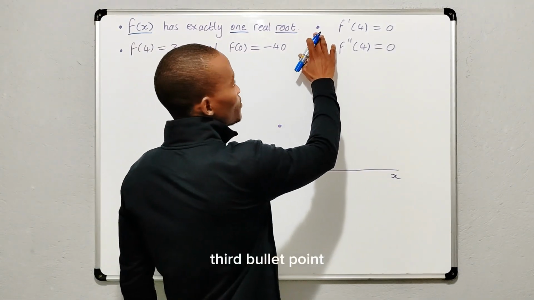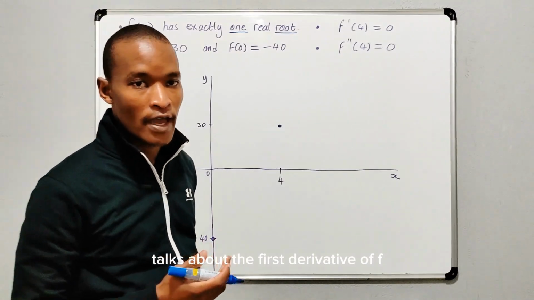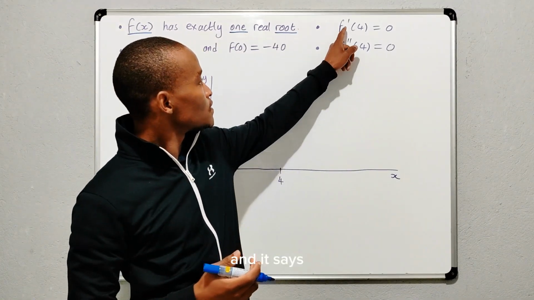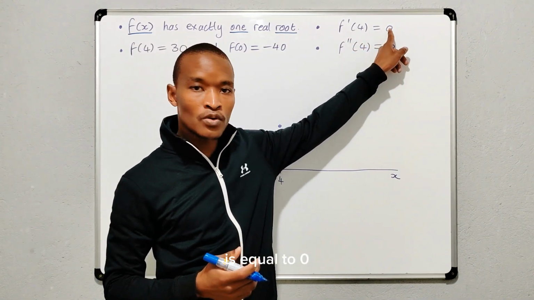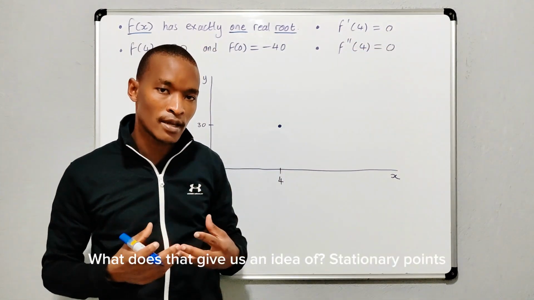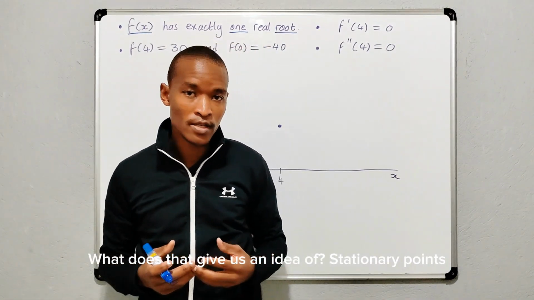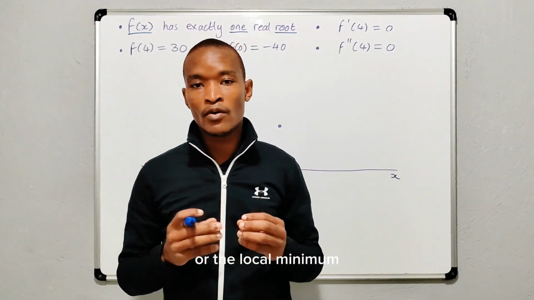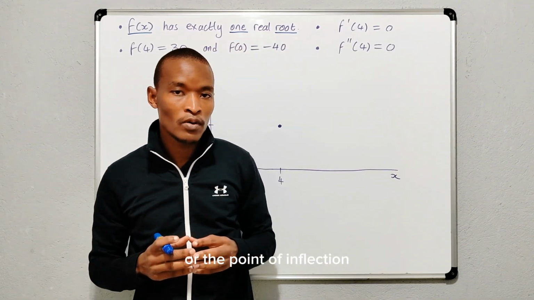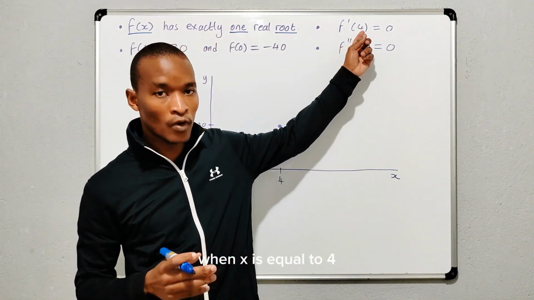The third bullet point talks about the first derivative of f. And it says the first derivative of f evaluated at 4 is equal to 0. What does that give us an idea of? Stationary points. f is either at the local maximum or at the local minimum or the point of inflection when x is equal to 4.